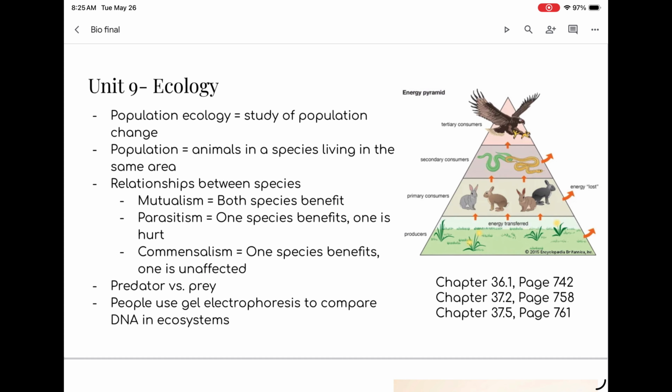Parasitism is when only one species benefits and the other one is hurt. And commensalism is when one species benefits and one is unaffected. There are predator versus prey relationships in ecology, and people can use gel electrophoresis to compare DNA in the ecosystems.